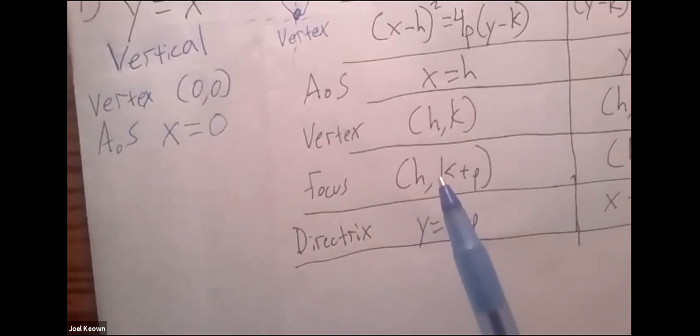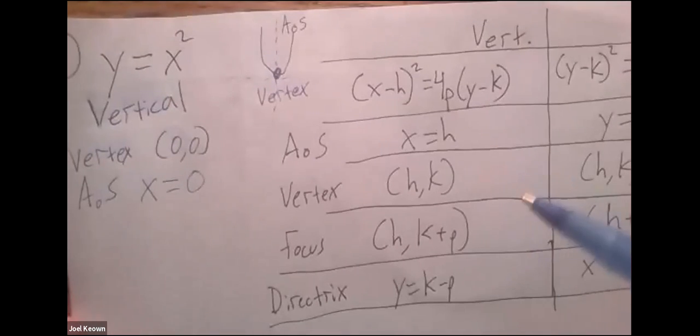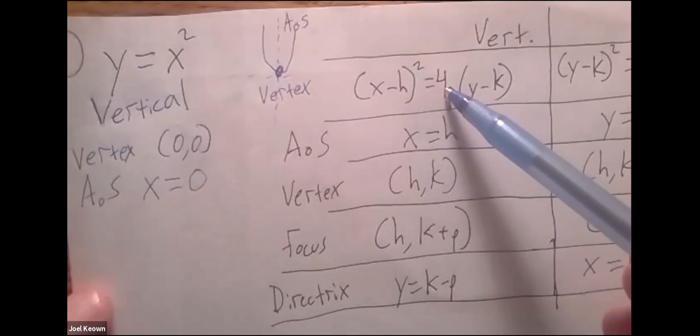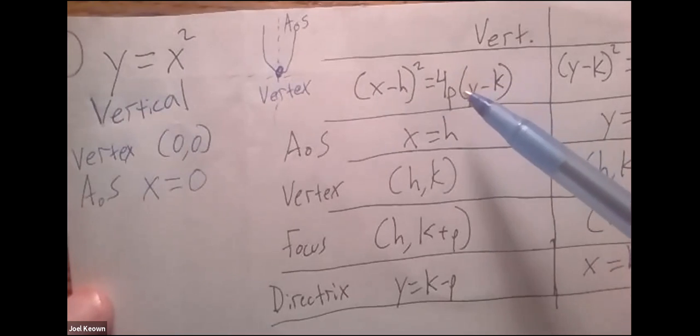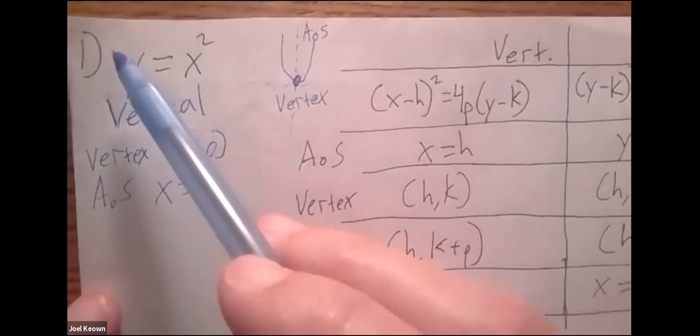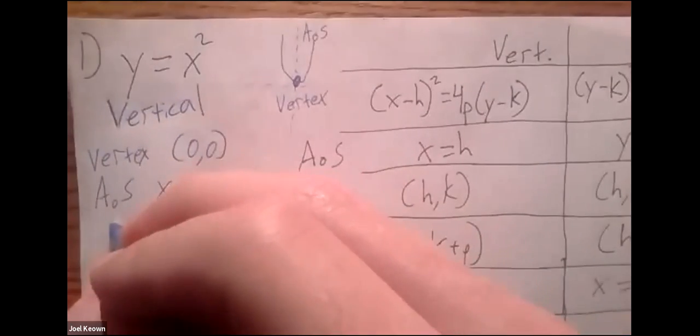Let's talk about our focus and directrix next, because they both use this thing P right here. Well, where do we get P? It says that 4 times P is the number in front of the variable not being squared. Well, there is no number in front of y, so I know it is a 1.